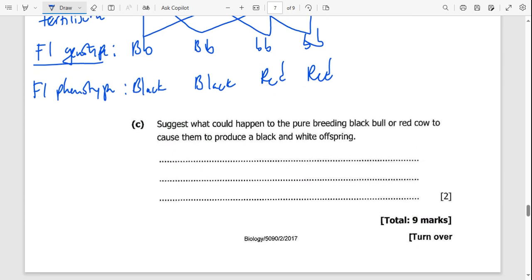Suggest what could happen to the pure breeding bull or red cow to cause them to produce a black and white offspring. How can you produce something that is black and white? Okay, remember black was dominant, right? And then red was recessive.